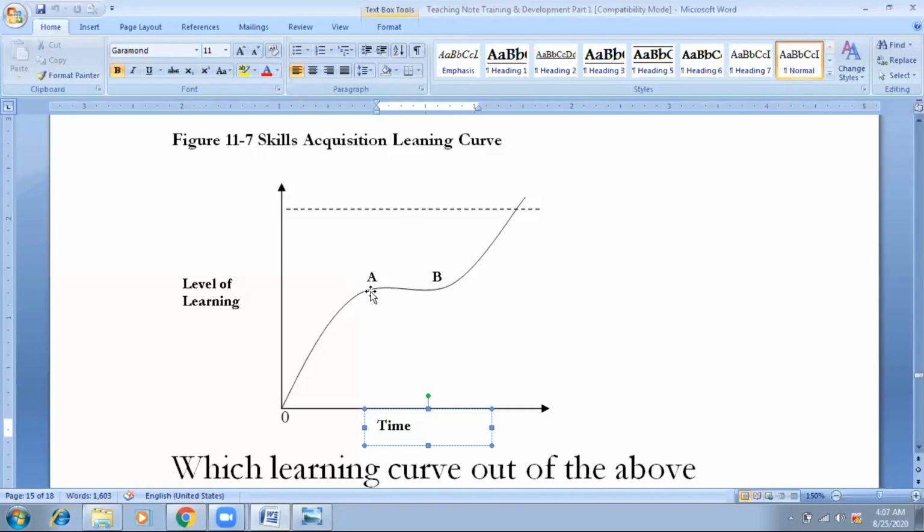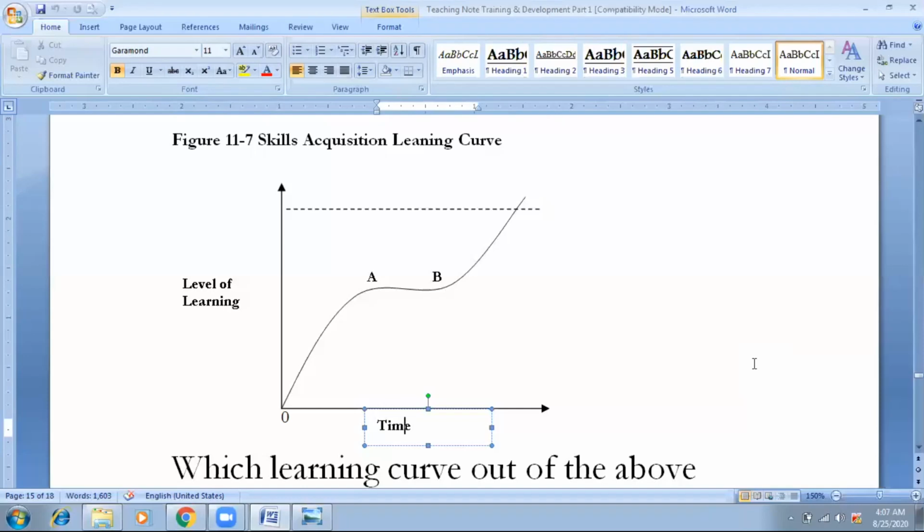It remains unchanged up to B. From A to B, there is no change of learning, but the time passes. Then after point B, when the time passes, again the level of learning increases. So that is the skills acquisition learning curve.